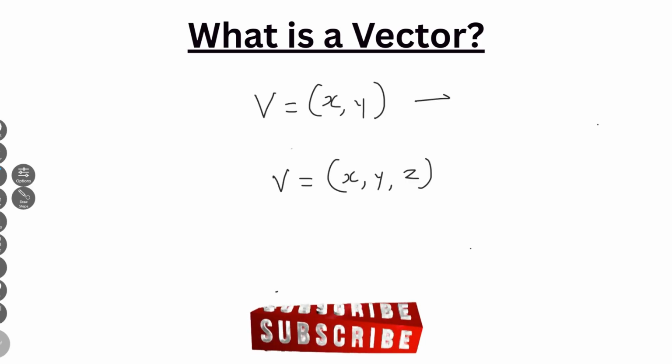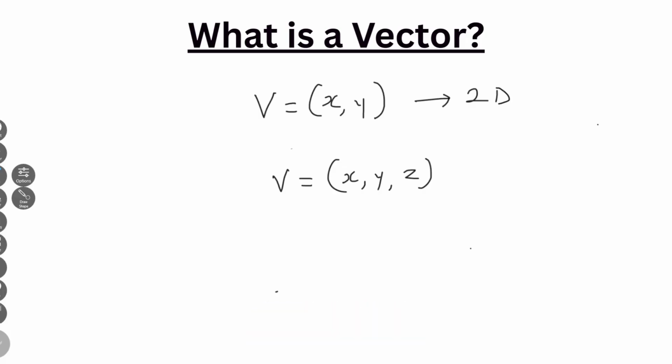This is the 2D version of vectors, while this is the 3D version. The letters in each represent numbers. Each number tells us how far to move along an axis. Think of it as a set of instructions for movement.